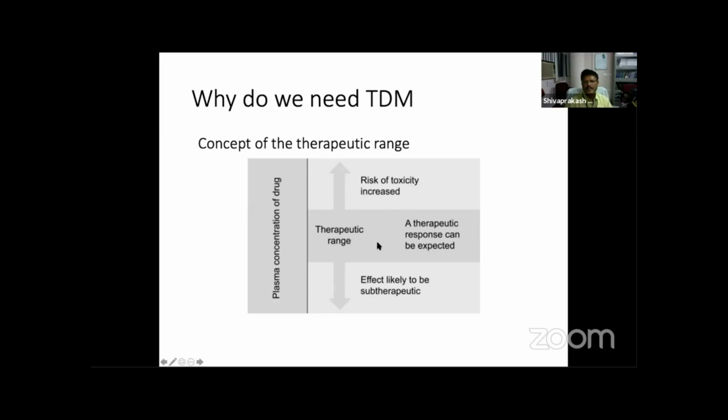The therapeutic range is the range in which the proper or expected response is achieved. If the dosage is lower, it will be subtherapeutic and will not cure the infection. If it is more, again, you will have toxicity.